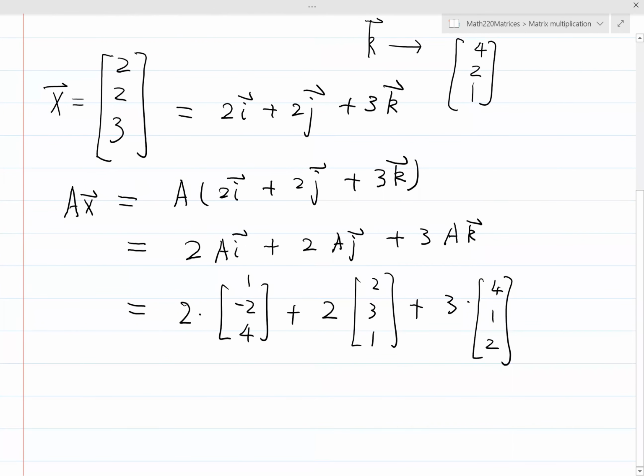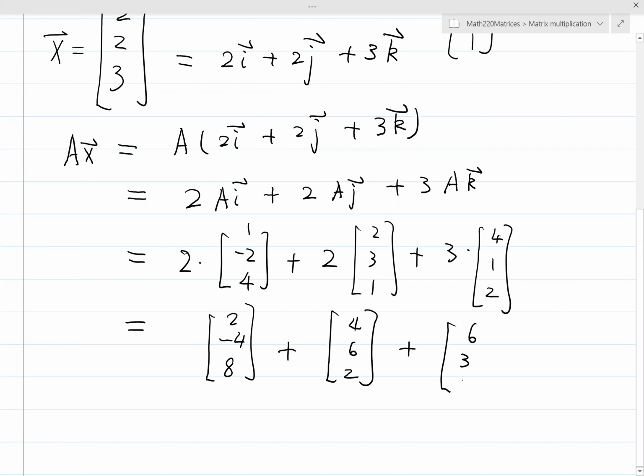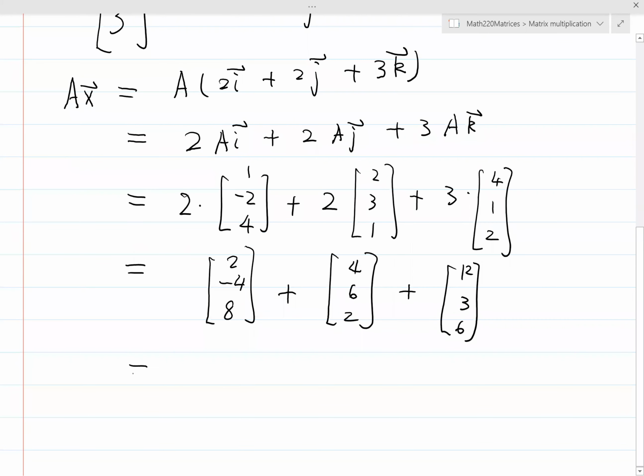Now we are dealing with linear combination of vectors, so we use scalar multiplication of vectors. We distribute this 2 inside, so we get 2, negative 4, 8. Distribute this 2 inside, so we get 4, 6, 2, plus 6, 3, so this is 12. And then add all three components together.